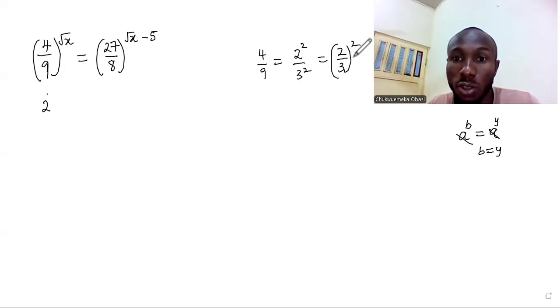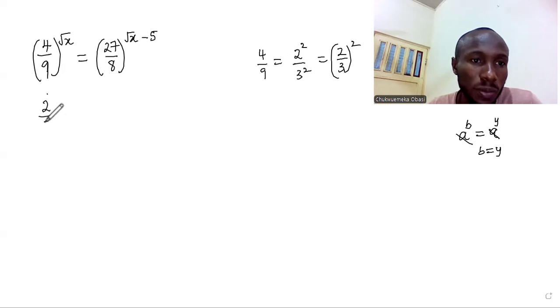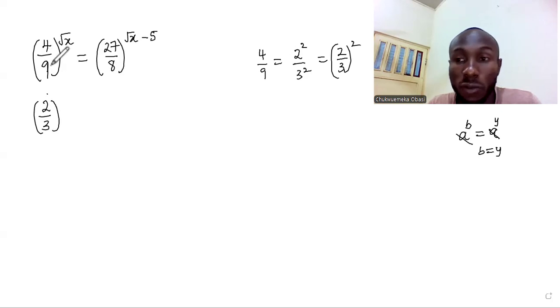So 4 over 9 is 2 over 3 all squared. But remember, 4 over 9 already has a power root x. That will be 2 over 3, all squared, to the power root x. I'm sure you know where the 2 is coming from and where the root x is coming from.